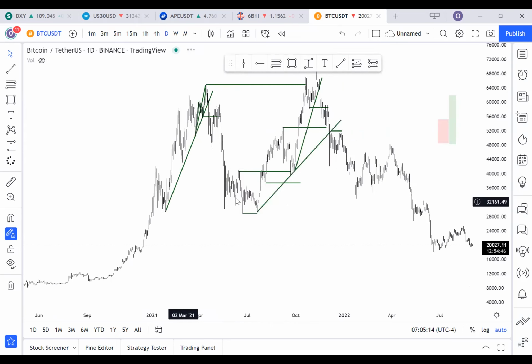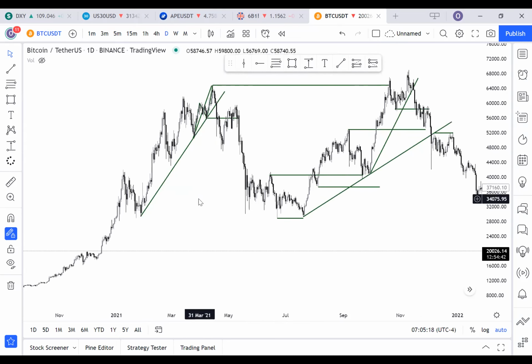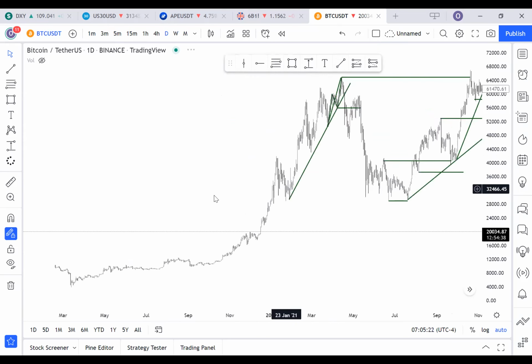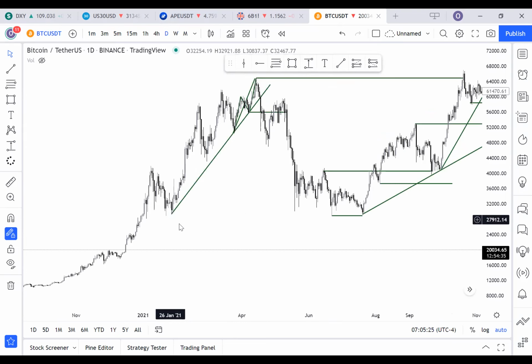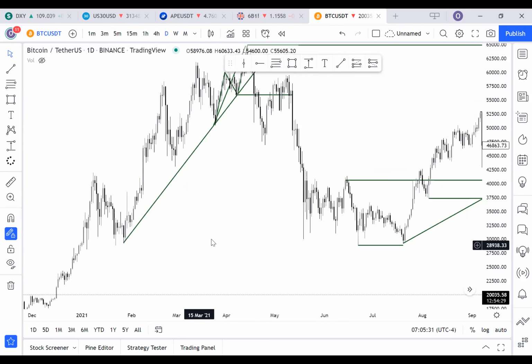Now, on our daily time frame, we have a very good support here. Very nice, good support. Now, see what we had.